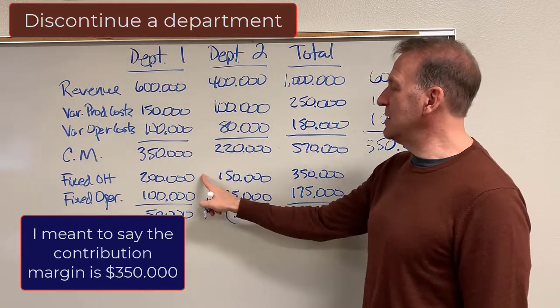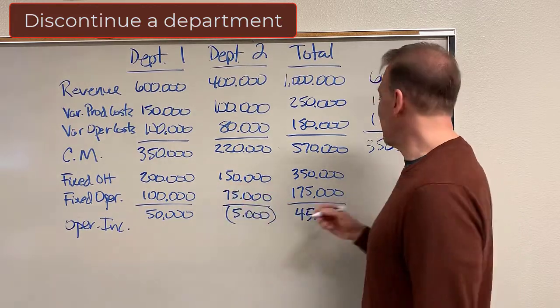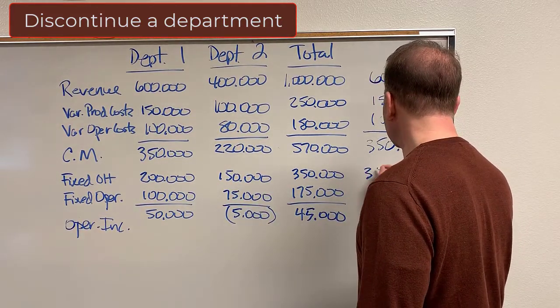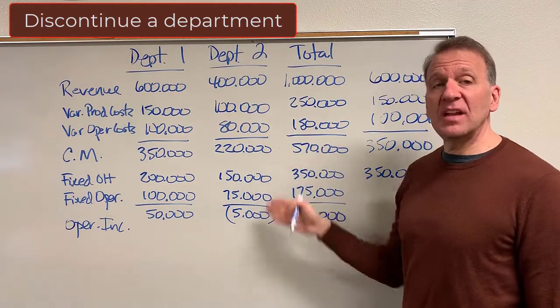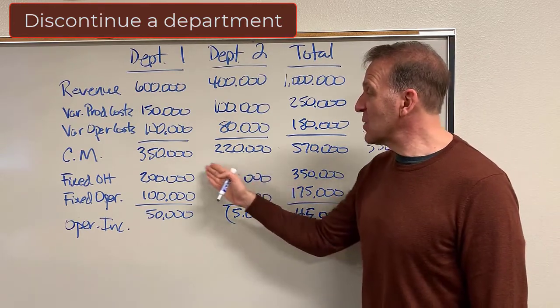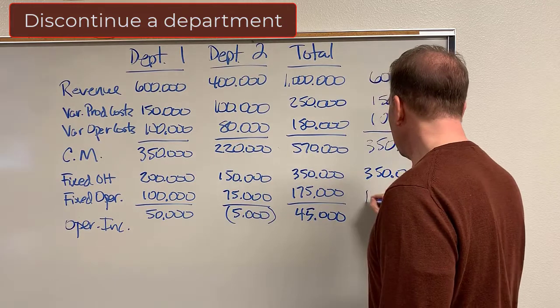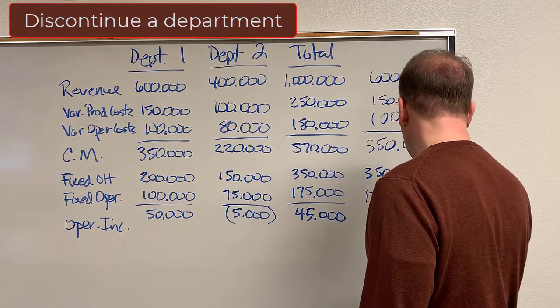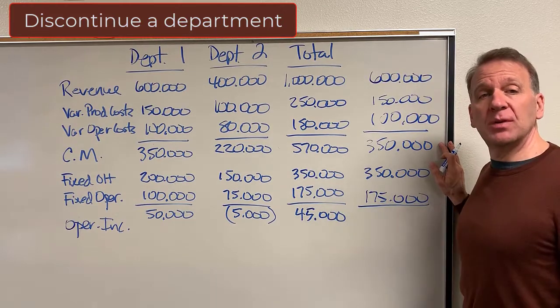But now this $200,000 will become $350,000 because this department is now gone and those fixed costs are fixed. They're not going away, so we have to add them over here. And these fixed costs, same thing. We need to add them over there.